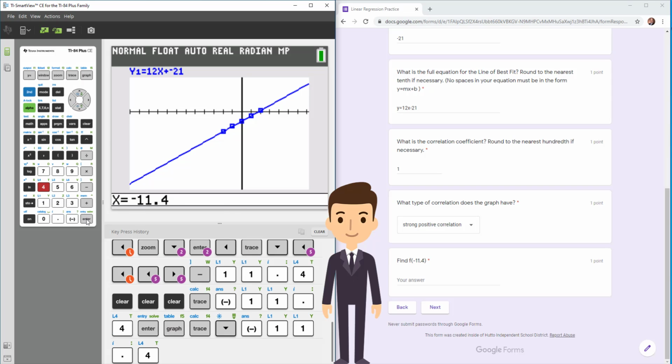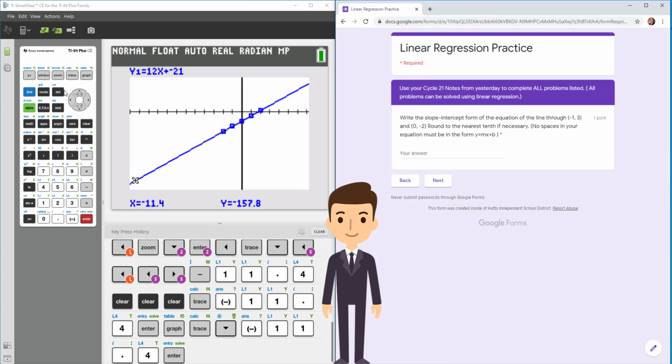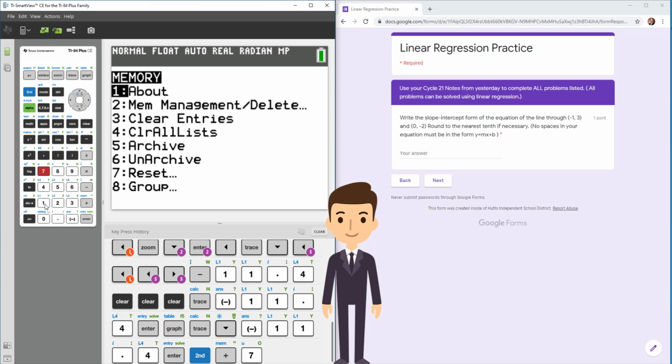There we go. All right, so I hit the negative 11.4, and as you can see, the y value then is going to be negative 157.8. Okay, and I'm going to hit next. I'm going to hit second plus 712 just to clear it out.